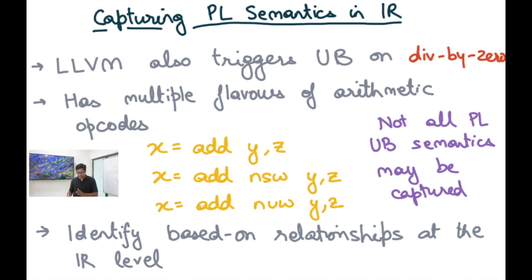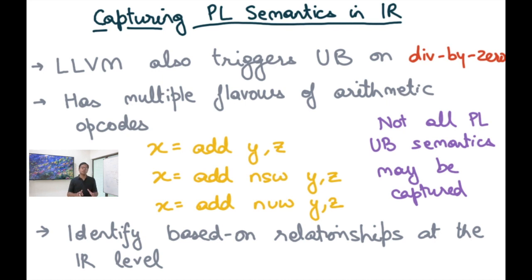And I'm not going into details, but it's obvious that whenever we lower one piece of syntax to a lower level syntax, not all programming language UB semantics are captured, and some programming language UB semantics are forgotten at the IR level. What are the implications of forgetting some UB semantics? Well, it doesn't make the program wrong. It just kills some optimization opportunities.